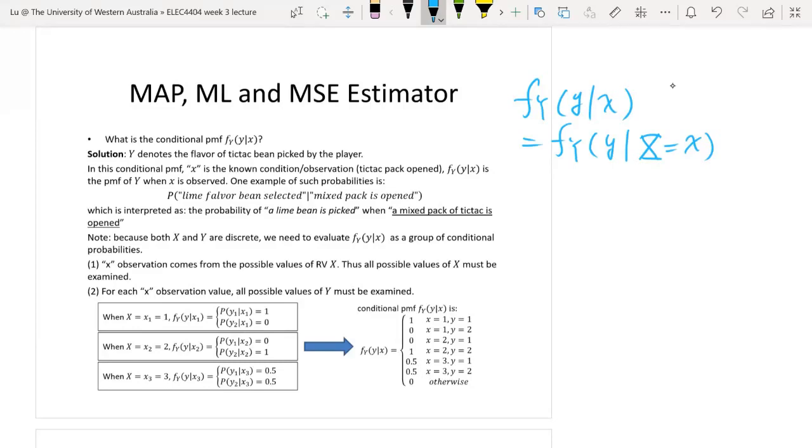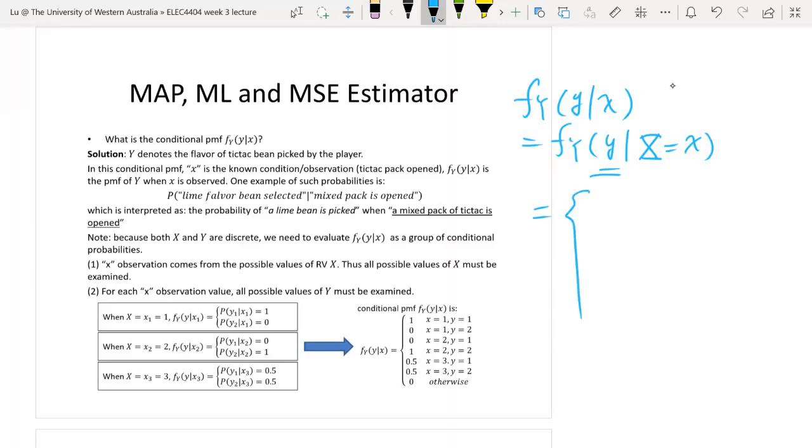In other words, based on this example, if I tell you the condition, that you are opening a green box, where x denotes the tic-tac box, so you have already opened a green box, what is the distribution of the flavor of the bean? That could be a lot of things.